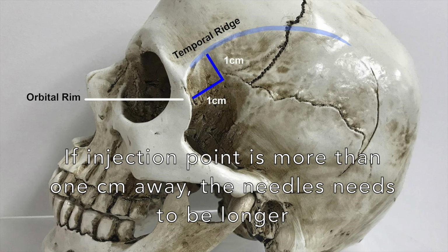What happens if the injection point is more than 1 centimeter away? The needle may need to be longer because the bone slopes away. And theoretically, there's more muscle mass, and therefore, there's an increased chance of injuring the muscle itself.